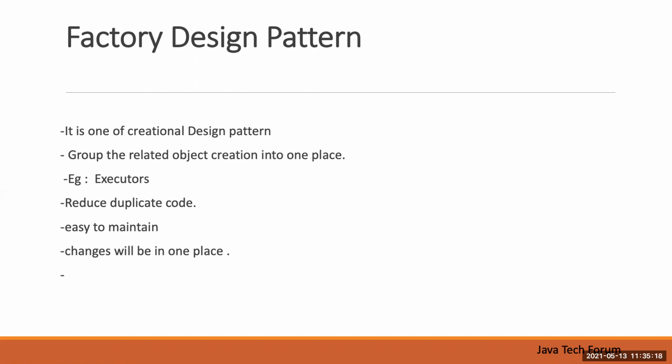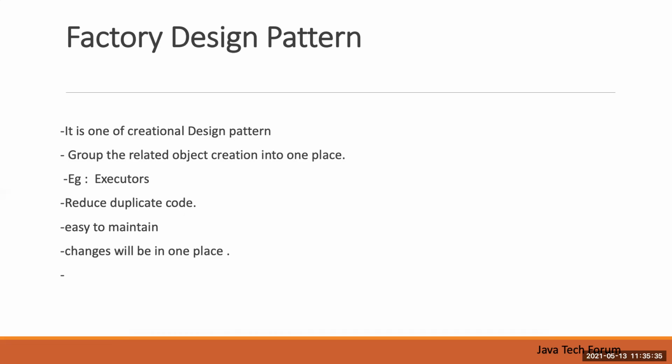For example, if you are making one module like a thread pool, all the different types of objects required in the thread pool will be produced by this factory class. That is called the factory design pattern.